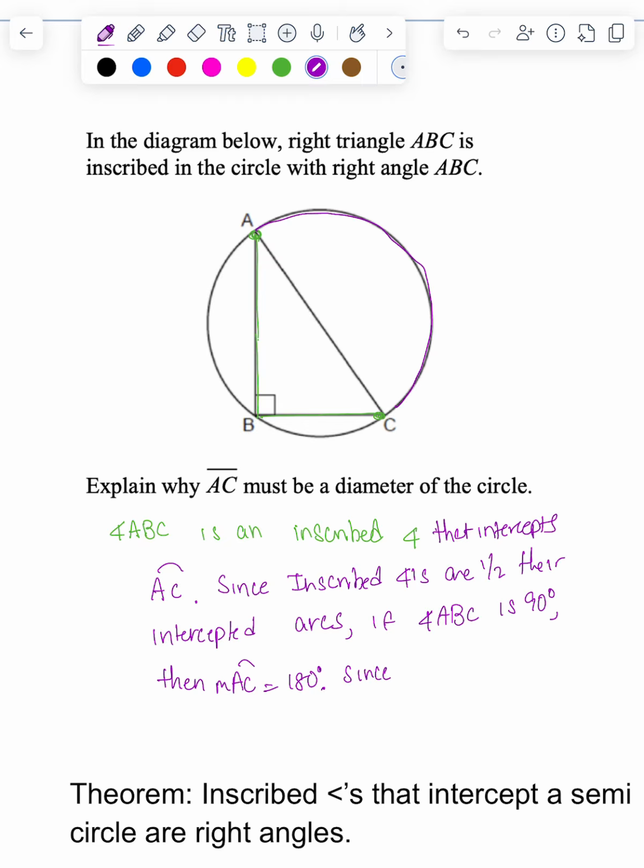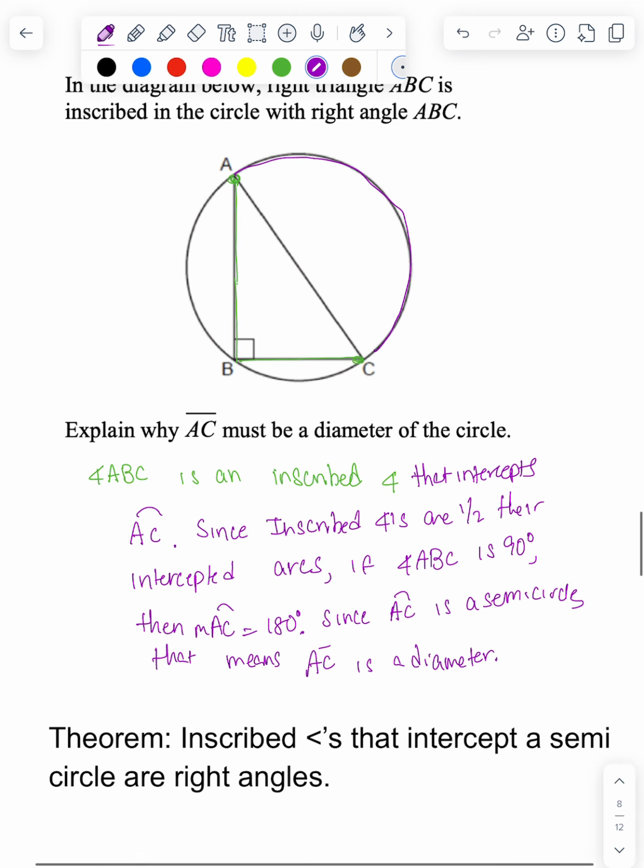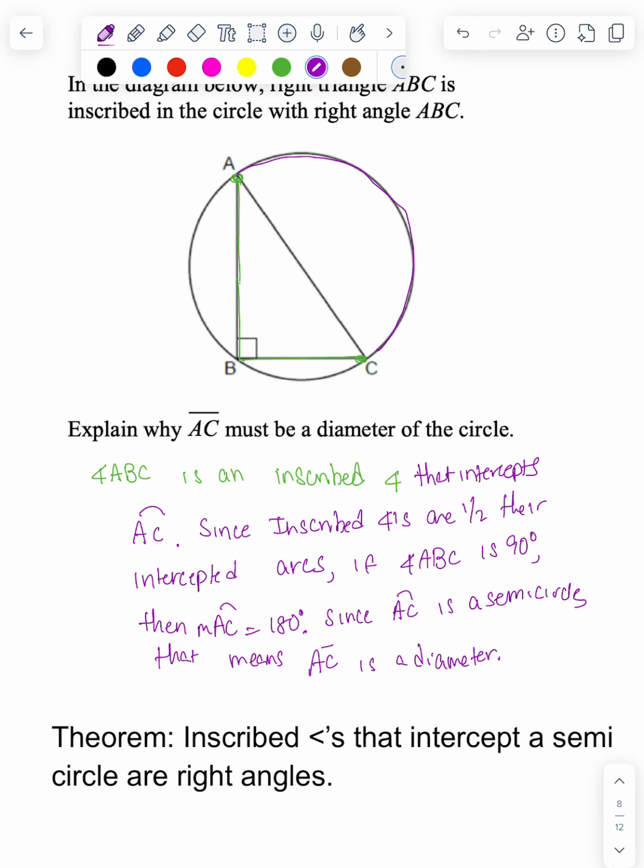Since arc AC is a semicircle, that means AC is a diameter. Any mention that the arc is 180 degrees, so it's getting split in half, so AC has to be the diameter because it's getting split in half. Anything of that would be great. And that's another theorem that we do have. Inscribed angles that intercept a semicircle, that intercept half a circle, that intercept a diameter are right angles, just like we saw here.